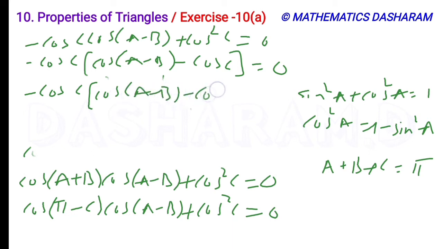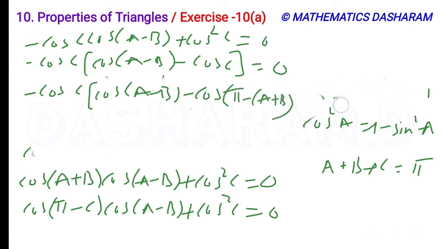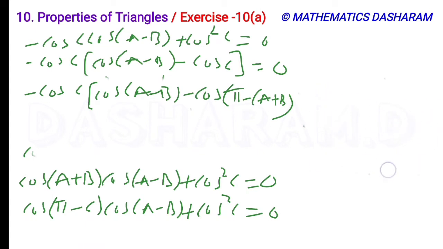Here minus cos C value can be written as pi minus bracket of (A plus B). So bracket close, it is equal to 0.